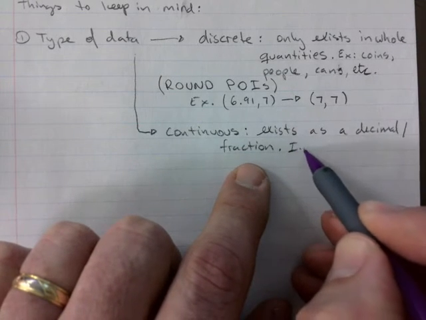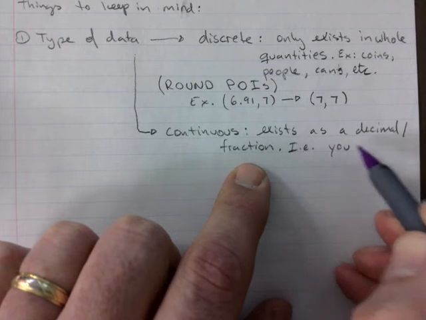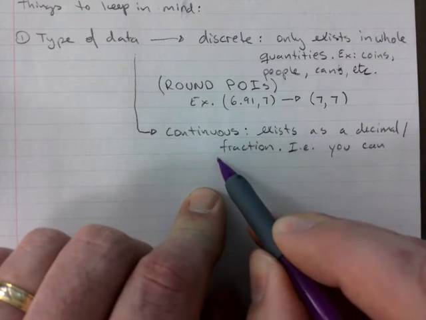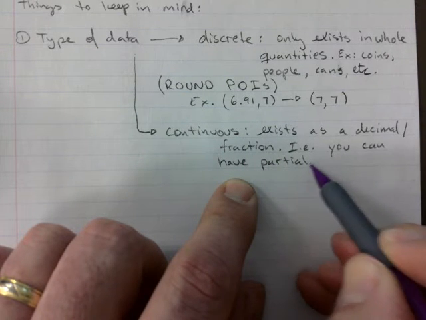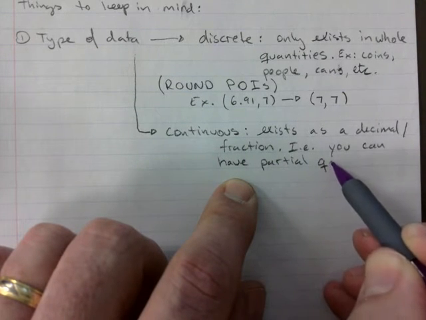In other words, you can have partial quantities.